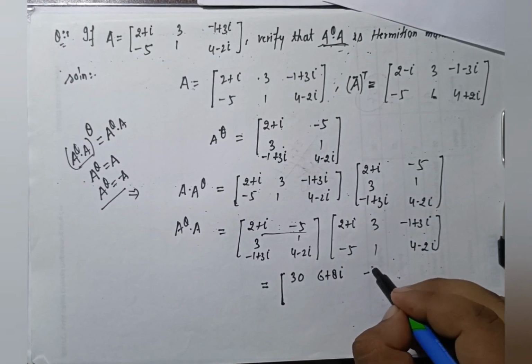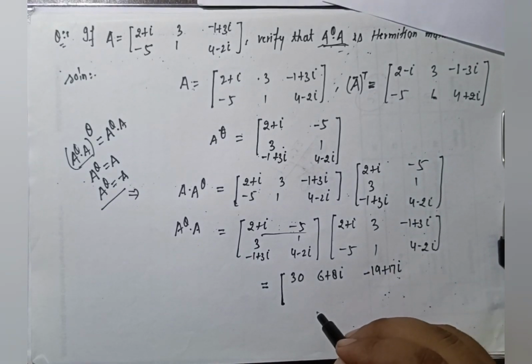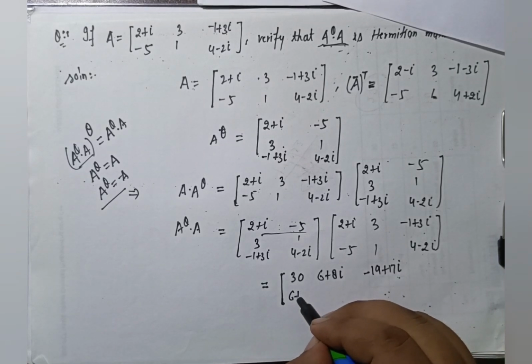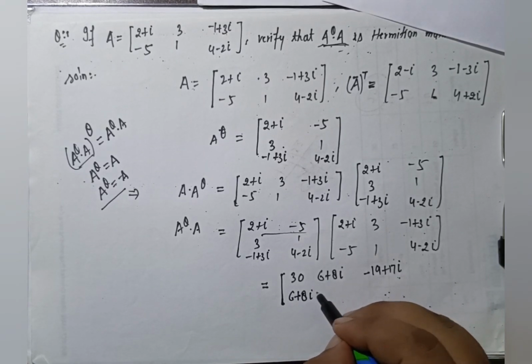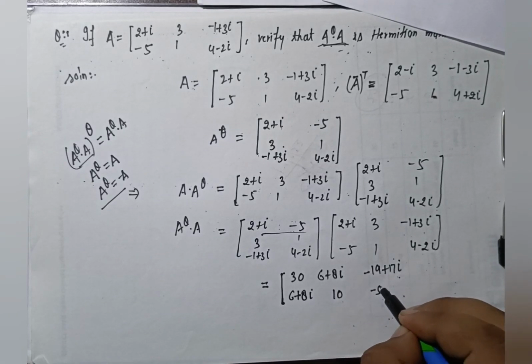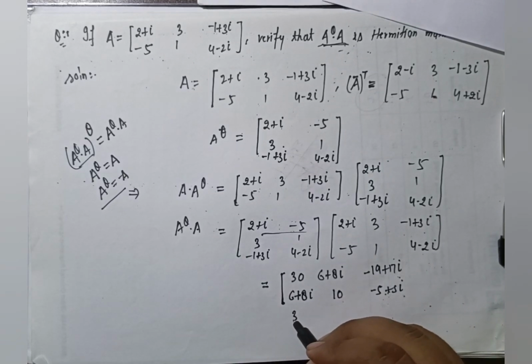And minus 19 plus 17 iota, right. 6 plus 8 iota, 10, and minus 5 plus 5 iota, and again 30.